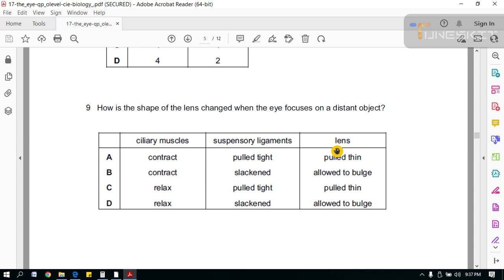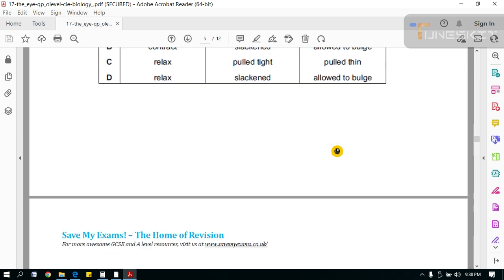Again, option C is correct, because when we see things at a distance, our ciliary muscles become relaxed, and the suspensory ligaments, which actually hold the lens, pull tight. When they pull tight, they are stretching the lens, and as a result the lens becomes thin. So here option C is correct, right?